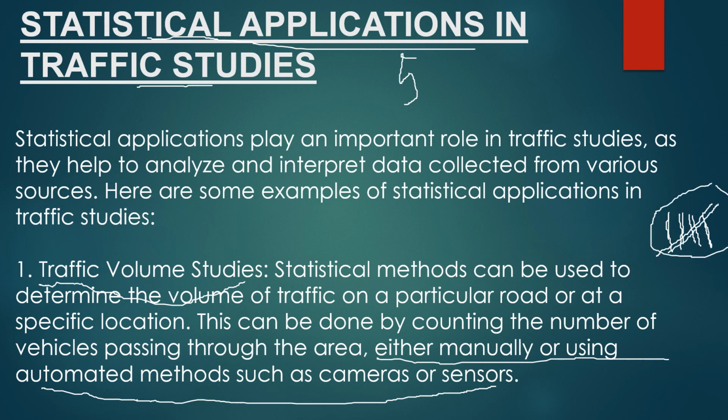In this way, they calculate the vehicles passing through to find out the number of vehicles that have been passing through that area. And as we know that technology has gone too far, by using cameras or sensors, we can detect how many vehicles have been passing through that particular area.